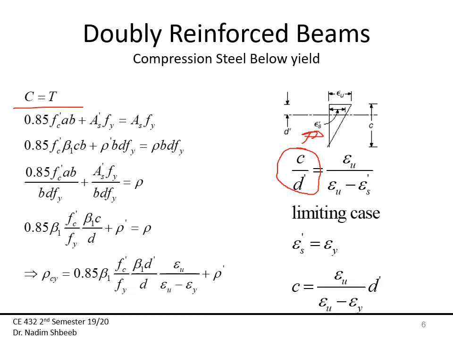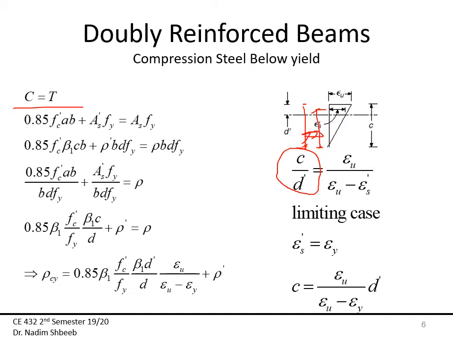I'm going to use this triangle, which is epsilon ultimate and c, with the triangle which is epsilon prime s and c minus d prime. So these are the two: this is the second triangle, and this is the first triangle.